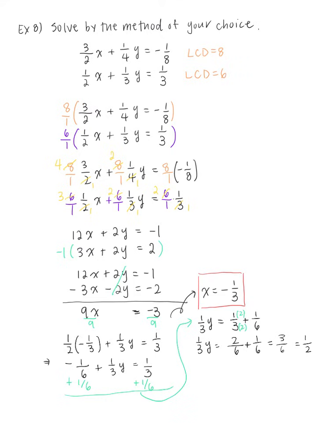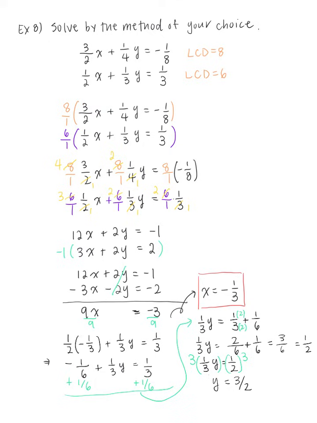All right, so therefore, what do we got? Right now, we have 1/3 y equals 1/2. Now, how do I solve for y? Well, multiply both sides by the reciprocal of 1/3, which is just 3. So I'm going to multiply the right-hand side by 3. Then what we're going to get is y equals 3/2.